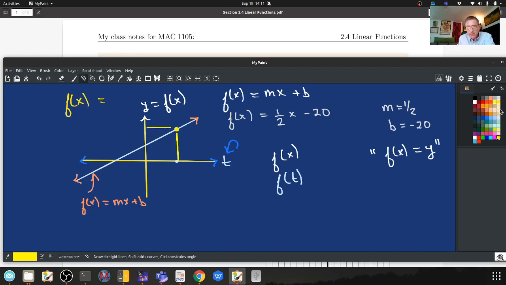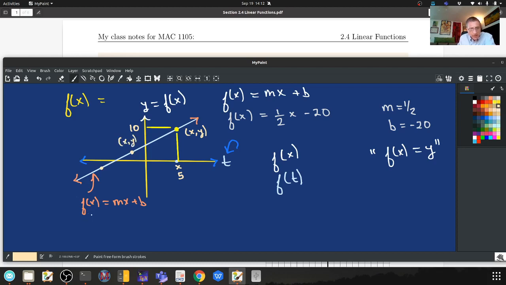A point always has two coordinates. This has a coordinate x, comma, y. That x stands for this x down here. For example, it could be 5. And this y stands for this number over here. For example, it might be 10. But what I want to talk about is the notation. Every point that lies on this line is an ordered pair.